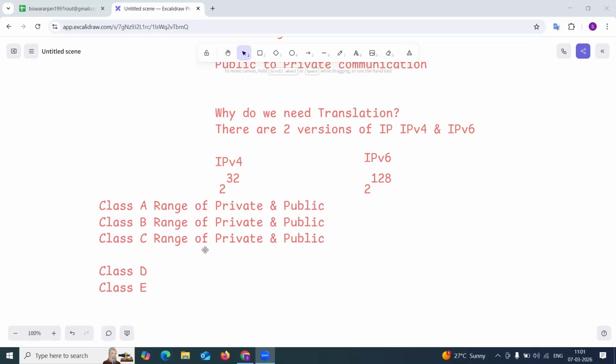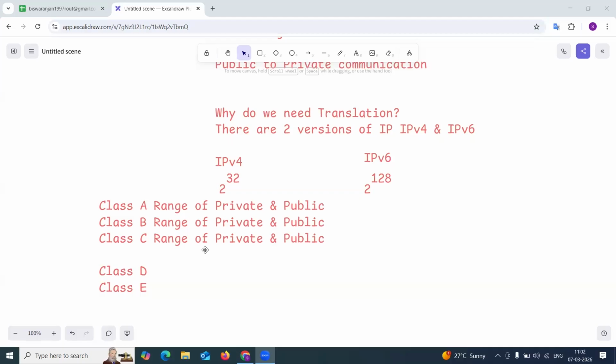Tell clearly, first of all, in IPv4, we have a shortage of public IPs, because in IPv4, the total range of IPs is 2 to the power of 32, in which we also have different classes, and till class C we have a range of private and public IPs. So we have limited public IPs, which is not enough for the growing number of internet users.